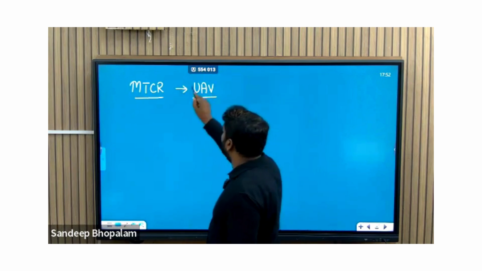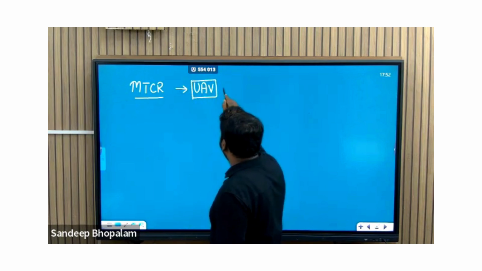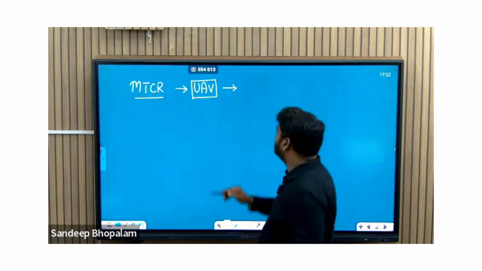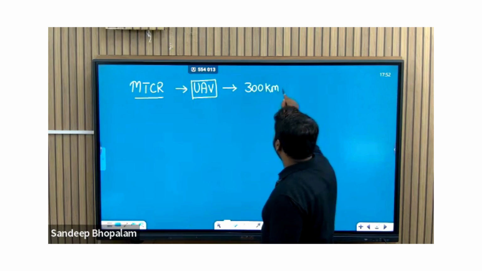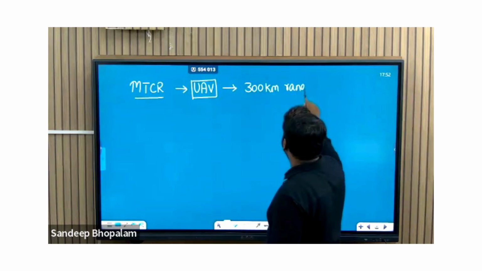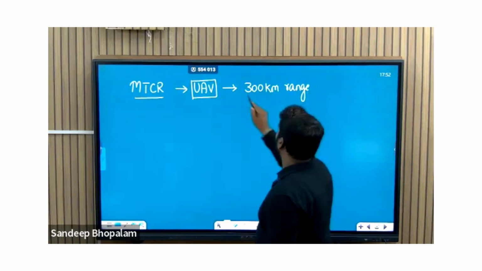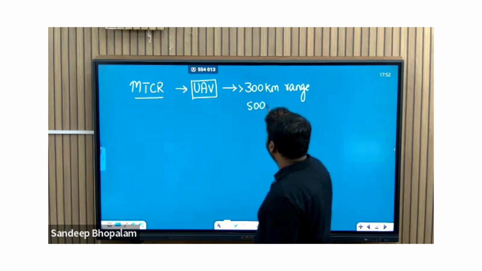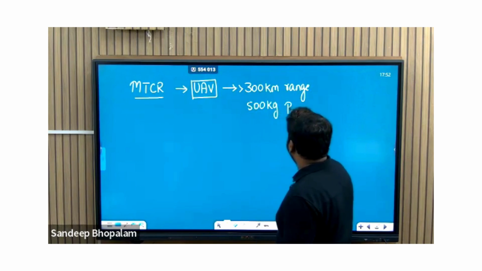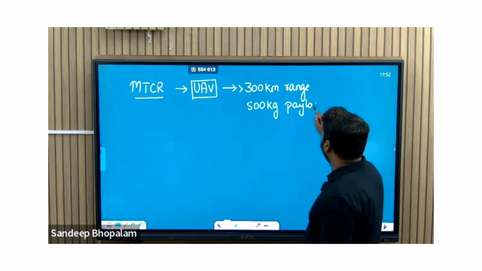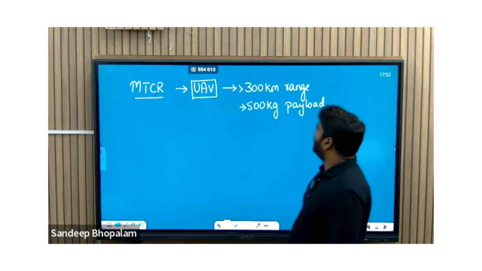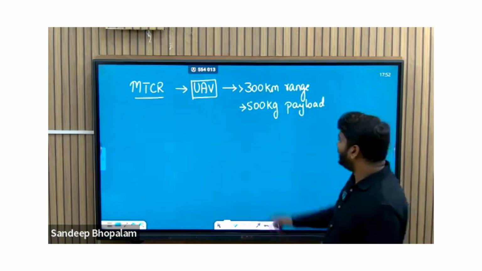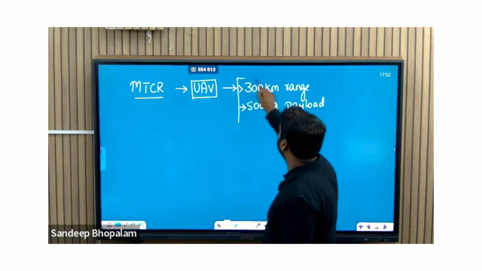And remember, guys, under MTCR, unmanned aerial vehicles of how much? Greater than 300 kilometer range and 500 kg payload should not be transferred.